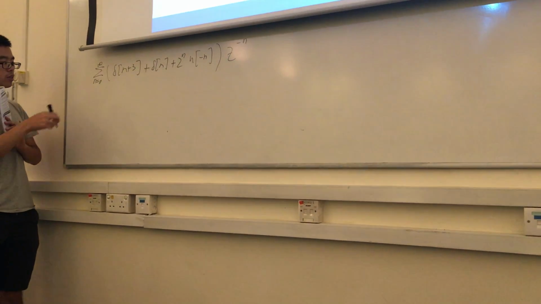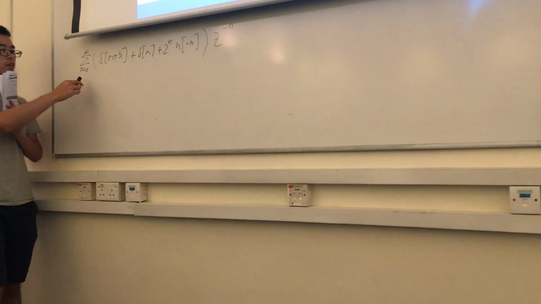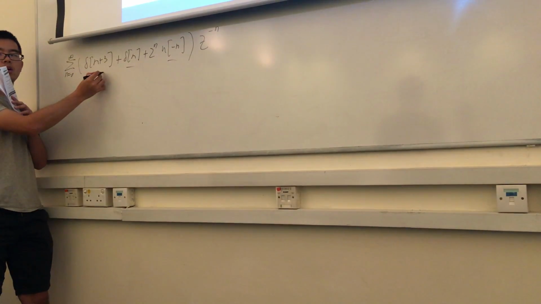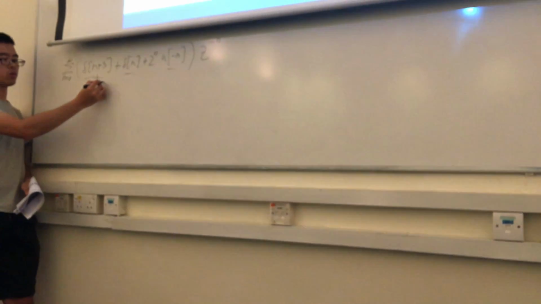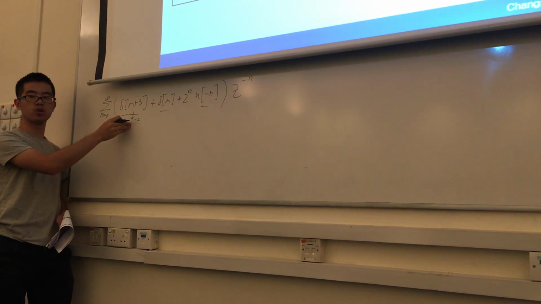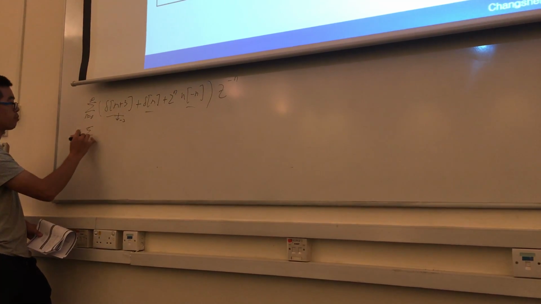Here we notice because this lower bound is from 0, we can see these 3 components. This one only has value when n is equal to -3. It has value equal to 1. In other places, it's equal to 0. So we write down the 3 components.